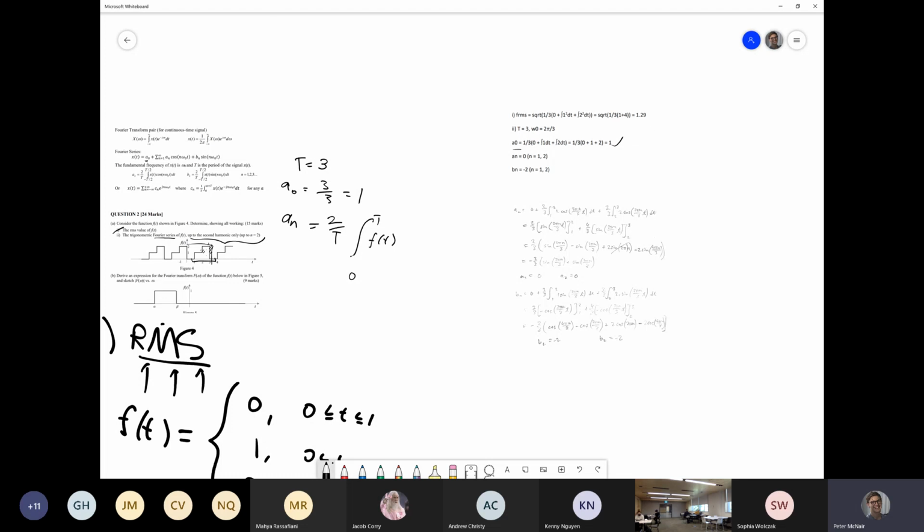Now remember, An is to do with cosine. So that's why we multiply by cosine here. Cos n omega naught t dt.